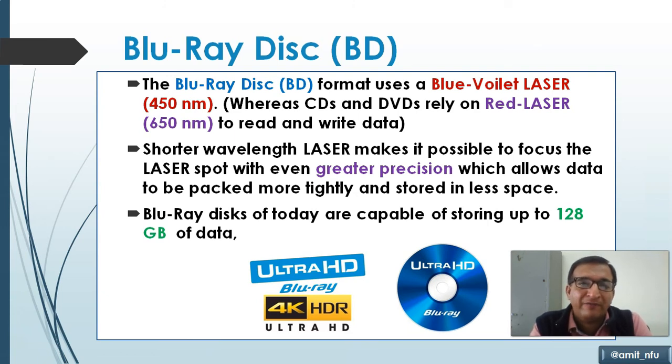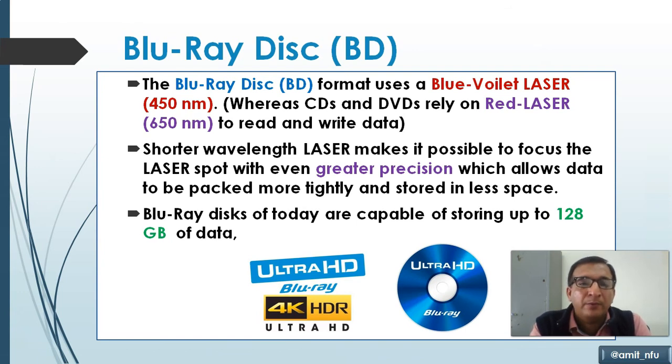Having a shorter wavelength gives it an advantage that it can focus laser spots with great precision. Which means in a lesser space data can be more tightly stored and more data can be stored. So obviously the storage capacity of the disk increases.